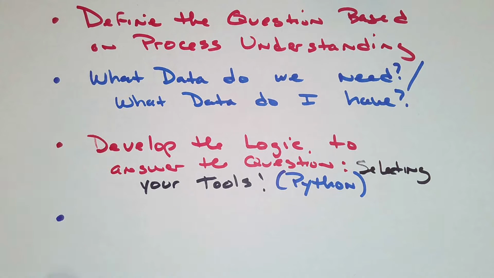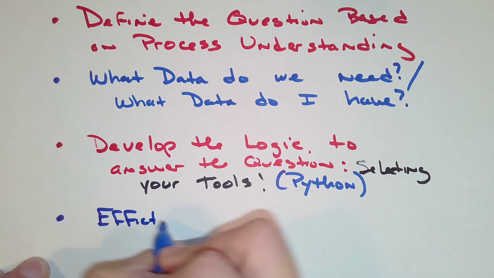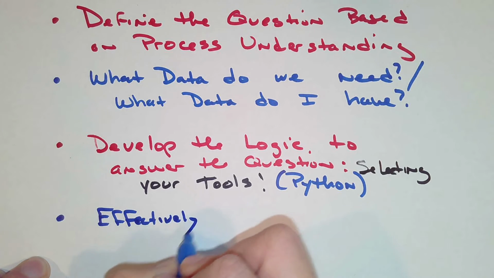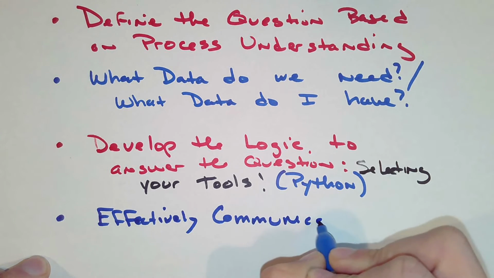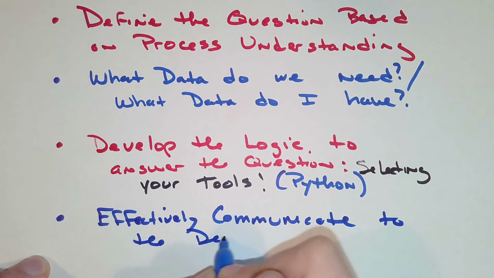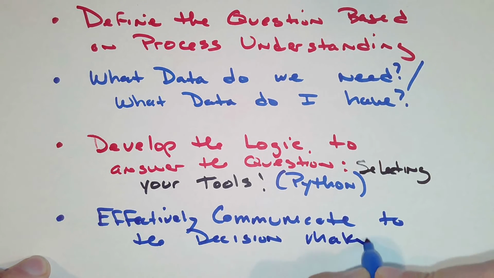How do you effectively communicate this to the decision maker? How do you do that?